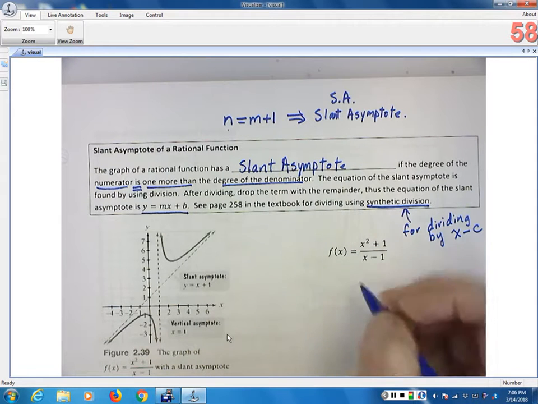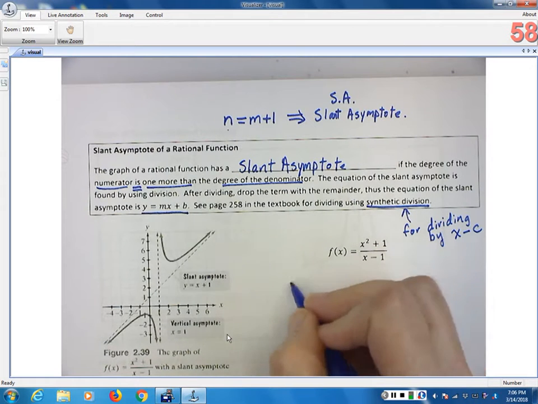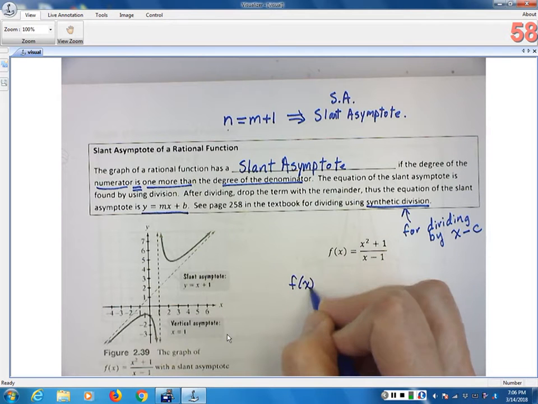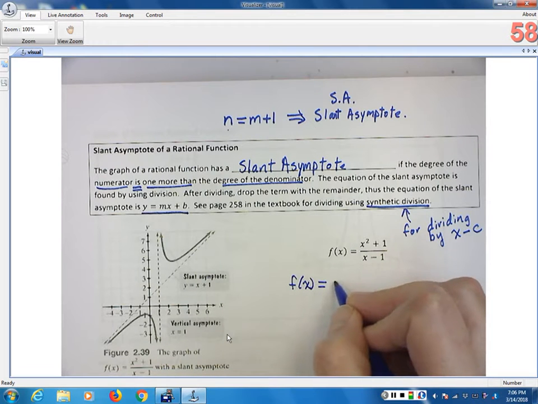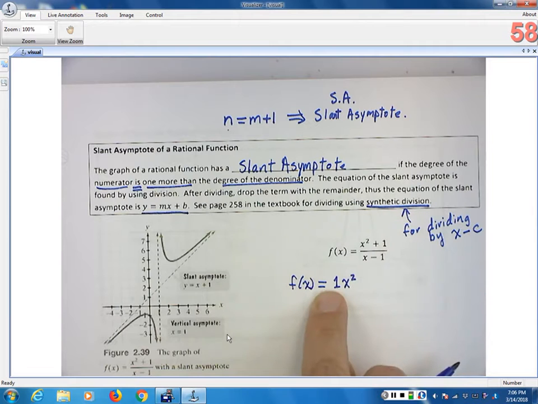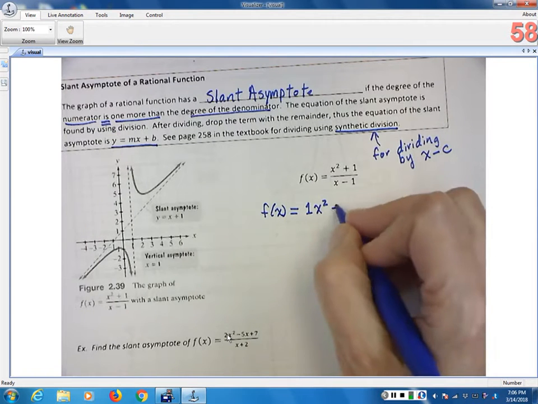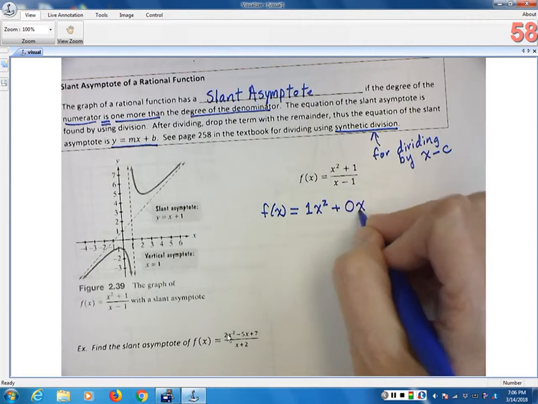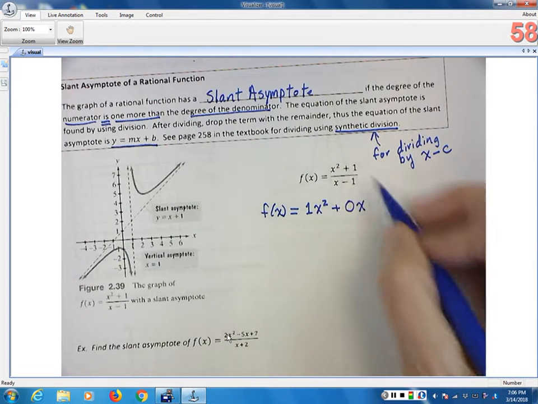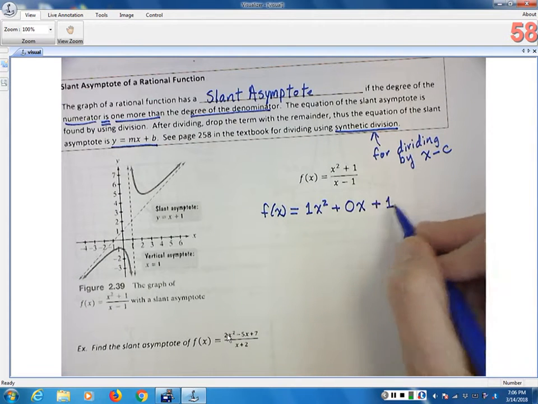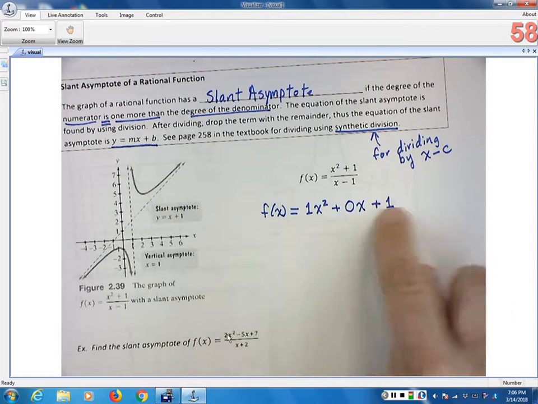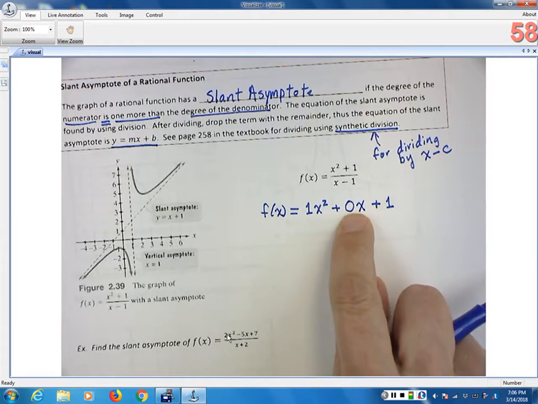F of x is going to be, it has to have an x squared term, and its coefficient is an understood 1. And then the x term is going to be 0, so we're going to write that down, and then plus 1. You have to have each term with a coefficient, and if a term's missing, it has a coefficient of 0.